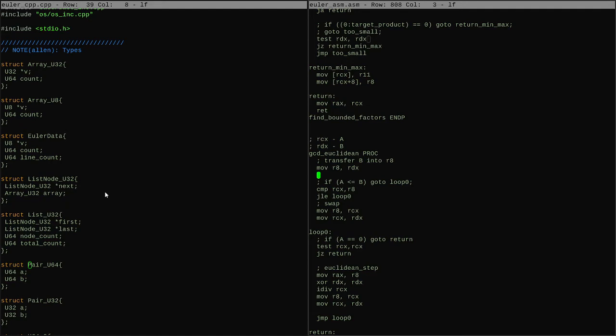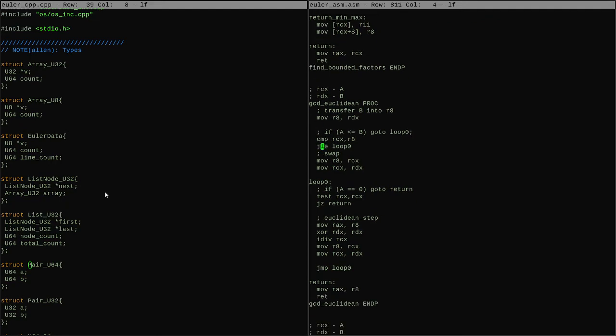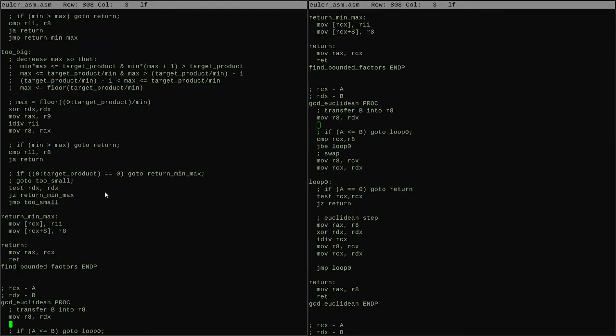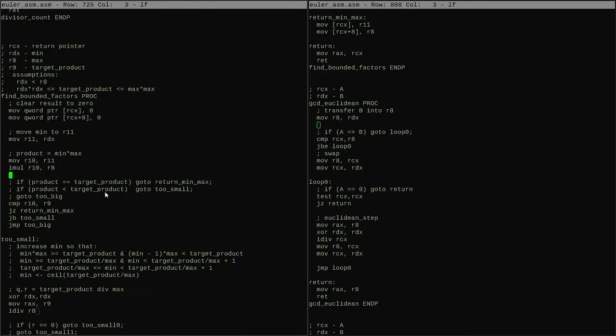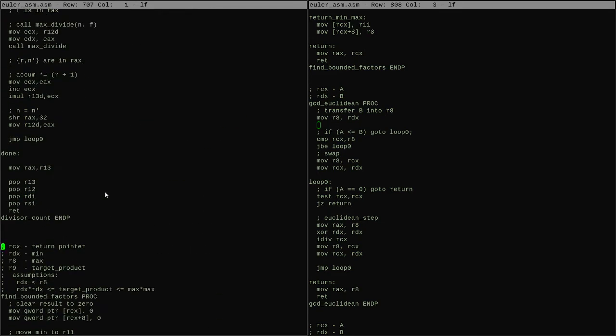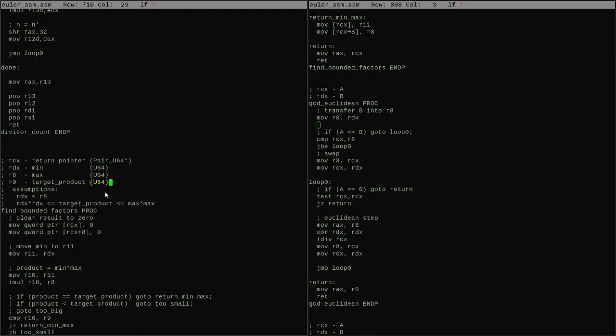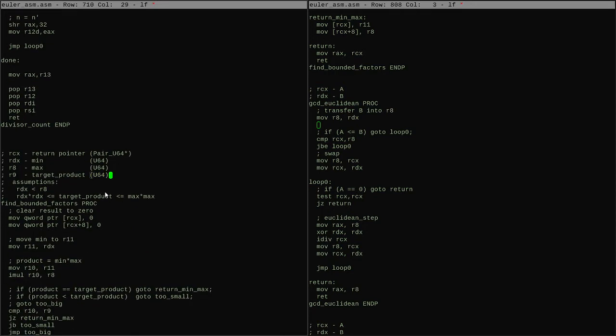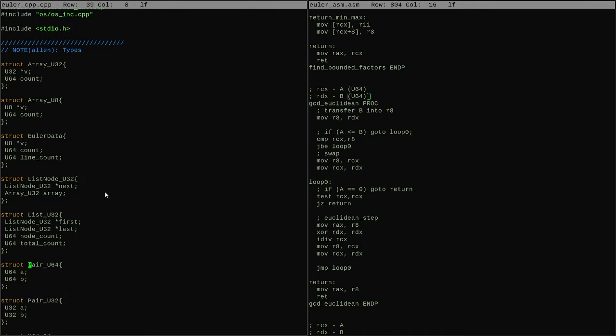GCD Euclidean. Jump less than or equal to should be jump below or equal. And let me also make sure I put in the comments on the types here. So this is a pointer to a pair U64. That's a U64. That's a U64. That's a U64. This here is a pair of U64s, I think.